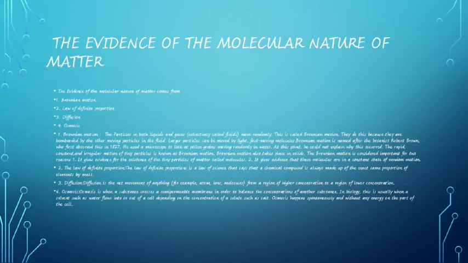Then the law of definite proportion says that a chemical compound is always made up of the exact same proportion of elements by mass. That's all on the law of definite proportion. Diffusion is just the movement of atoms, ions, or molecules from a region of higher concentration to a region of lower concentration.